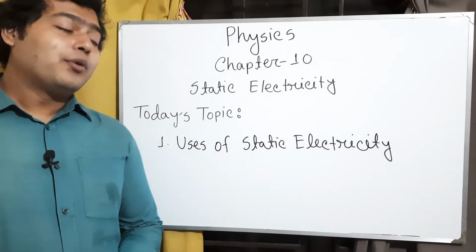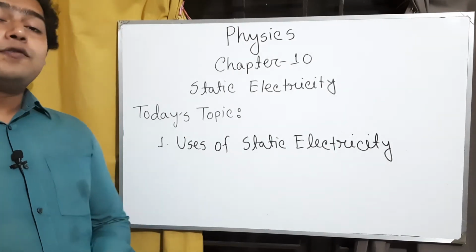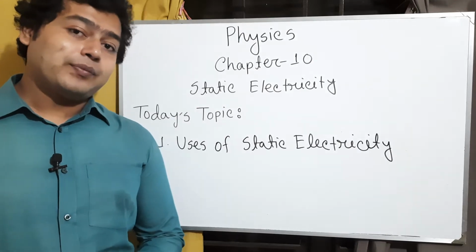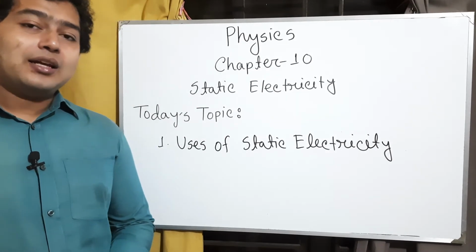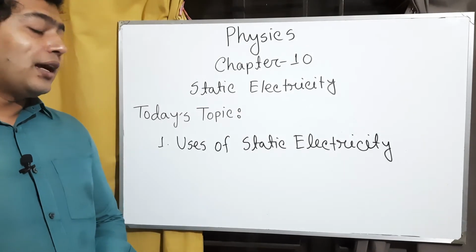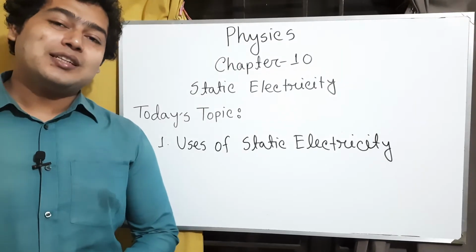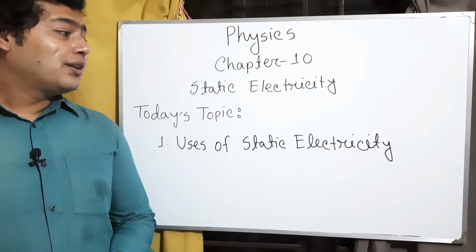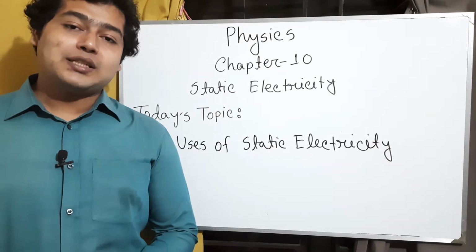Almost most of the comprehension based questions are set from this topic. Today's class is very theoretical, and you should give more patience for this class. So let's start today's online physics class.